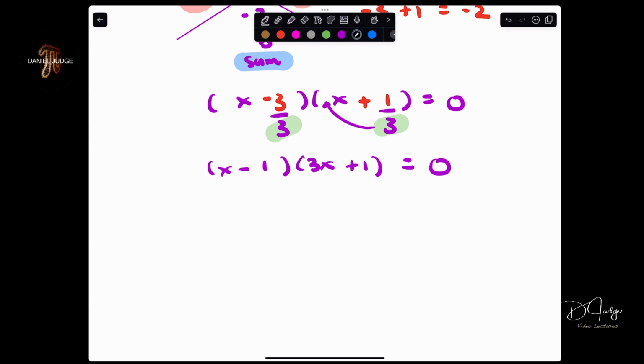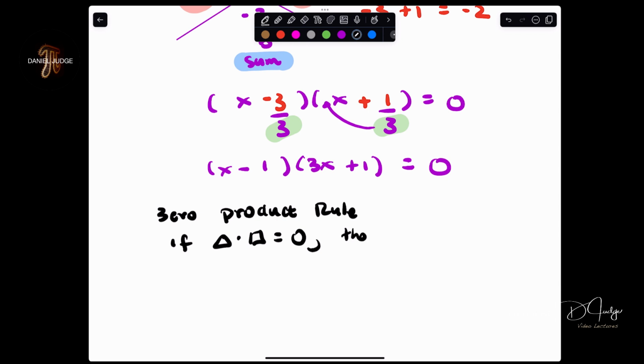We're going to use what's called now here the zero product rule. So if you recall from beginning algebra, the zero product rule. And that's if you multiply two numbers together and it equals 0, then the triangle was 0 or the square was 0.